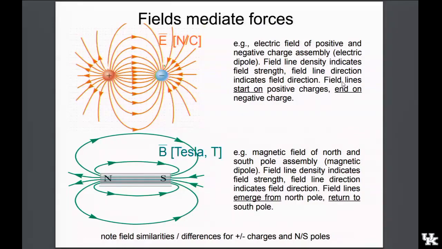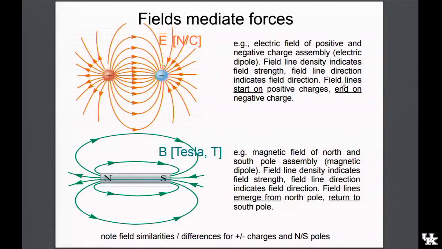The field lines up here, these electrical field lines we've met before, we know how to read these, right? If the field lines are closely packed together, like in this region here, that's strong electrical field, and near the charges, strong electrical field. If the field lines are loosely packed together outside here, that's weak electrical field.